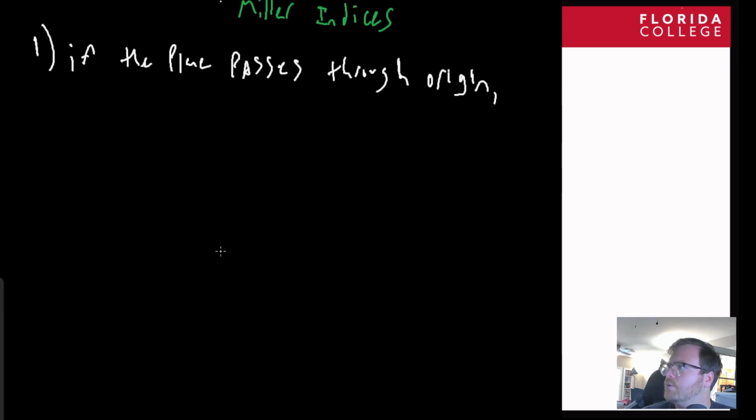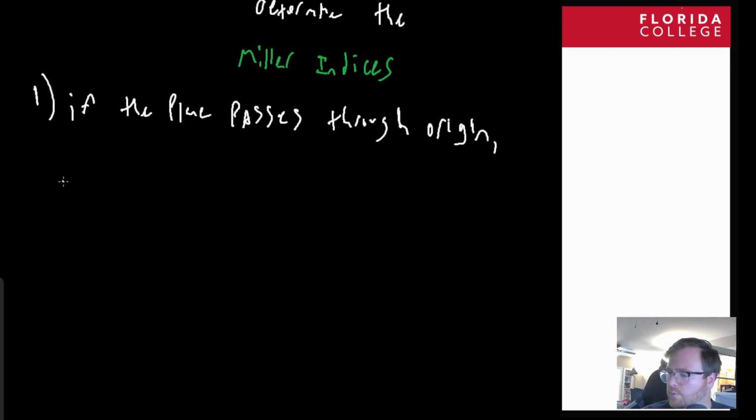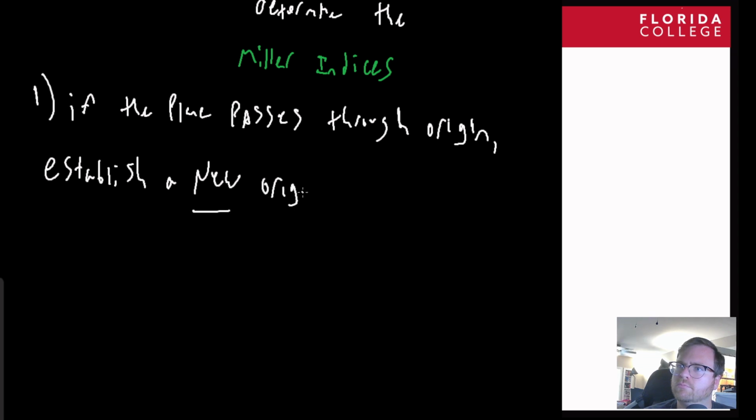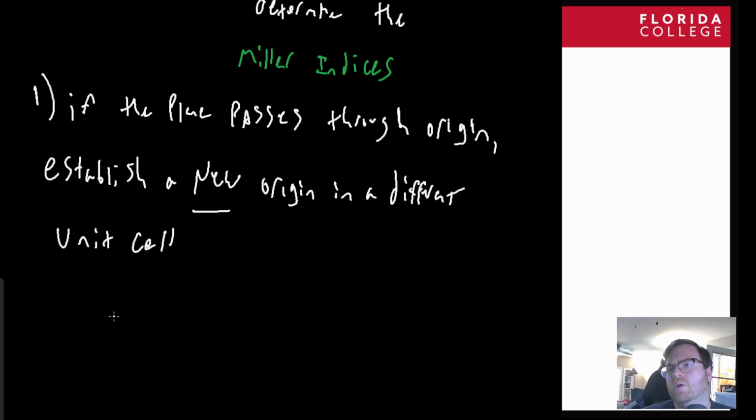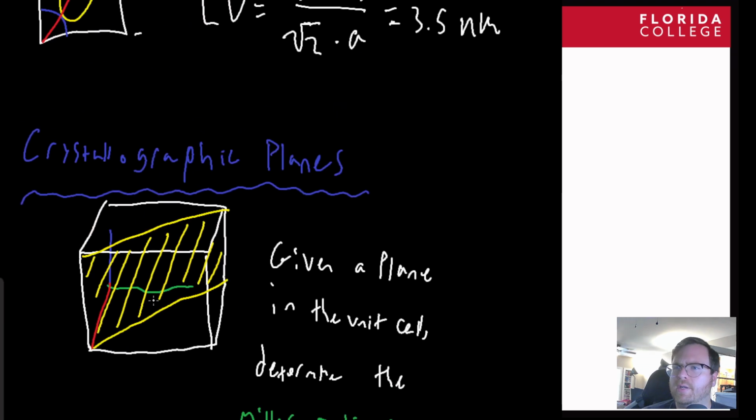we are going to establish a new origin in a different unit cell. Okay, simple enough. So again, if I come back up here, let's say I have a plane, and part of that plane touches our origin here.